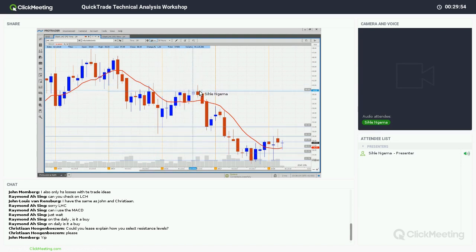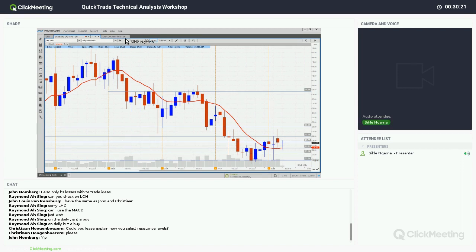But if we had maybe closed above this resistance, maybe you could actually go in and start buying it. But before it breaks above the resistance, you must not buy just because you're seeing the price above the moving average. You do not use the moving average alone. You use the moving average together with your support and resistance levels, together with your trend line. That's how you do it.